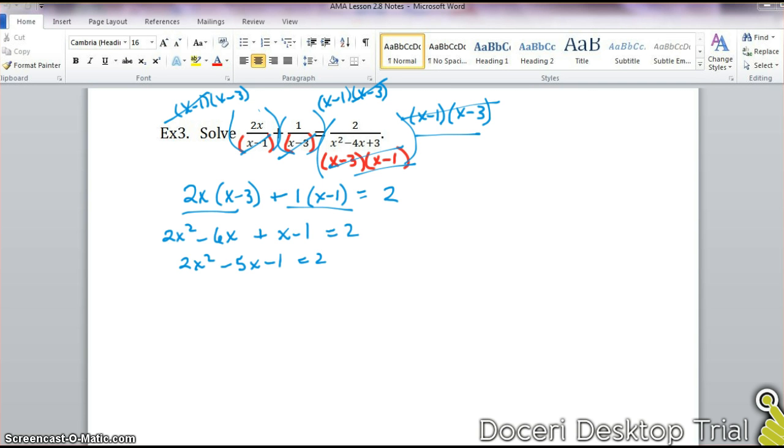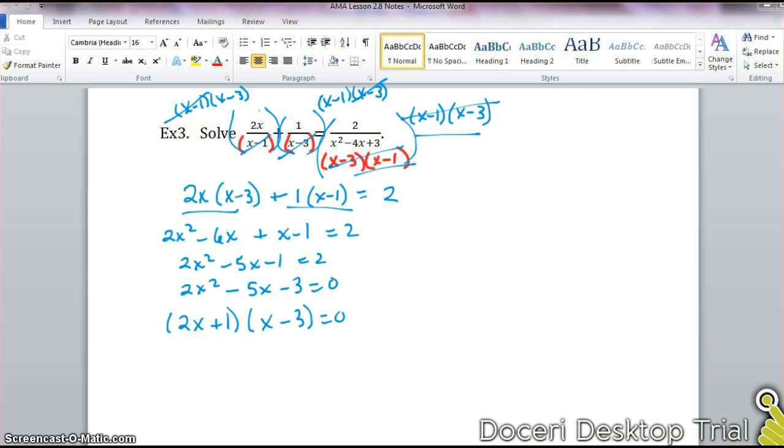I want to bring everything over to the left side of the equation, so I'm going to subtract 2 from both sides. That gives me 2x squared minus 5x minus 3 equals 0. And I can factor this one, which gives me factors of 2x plus 1 and x minus 3.